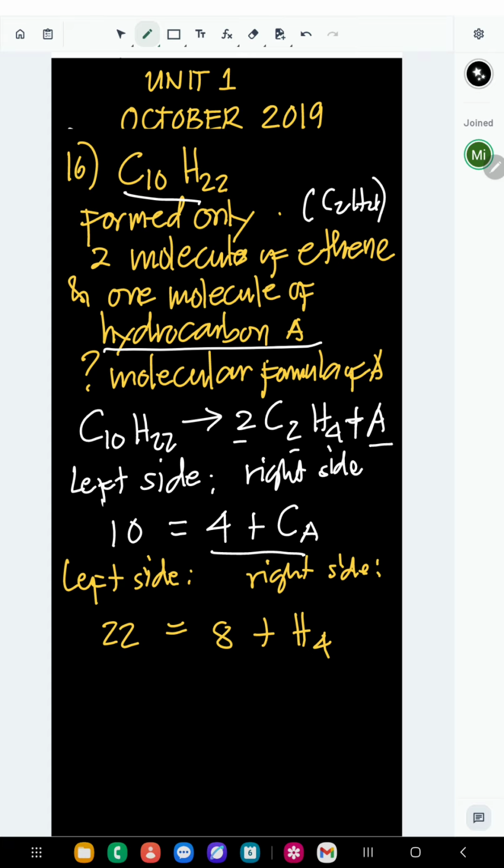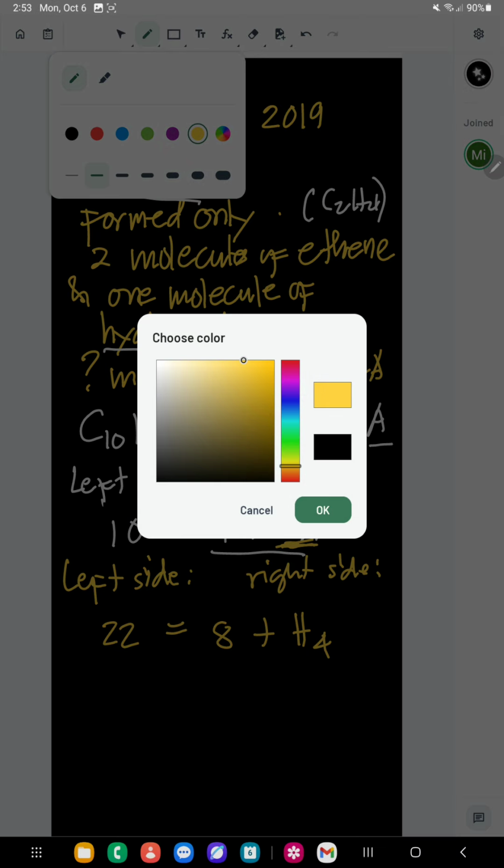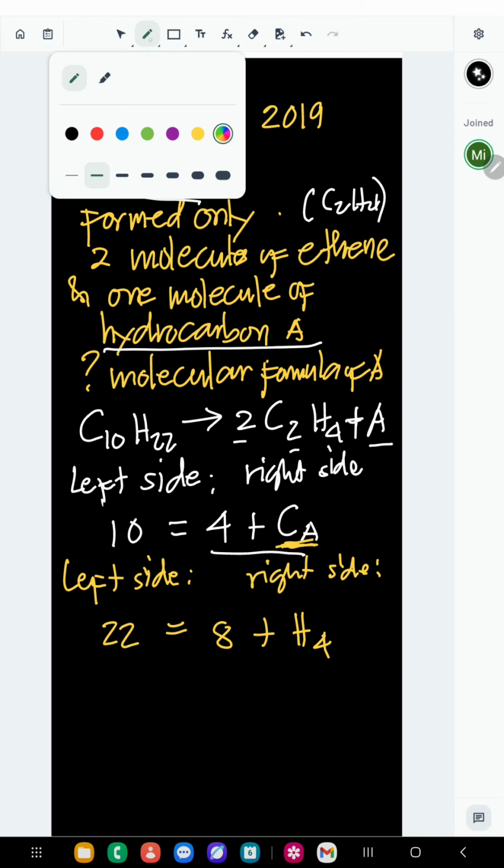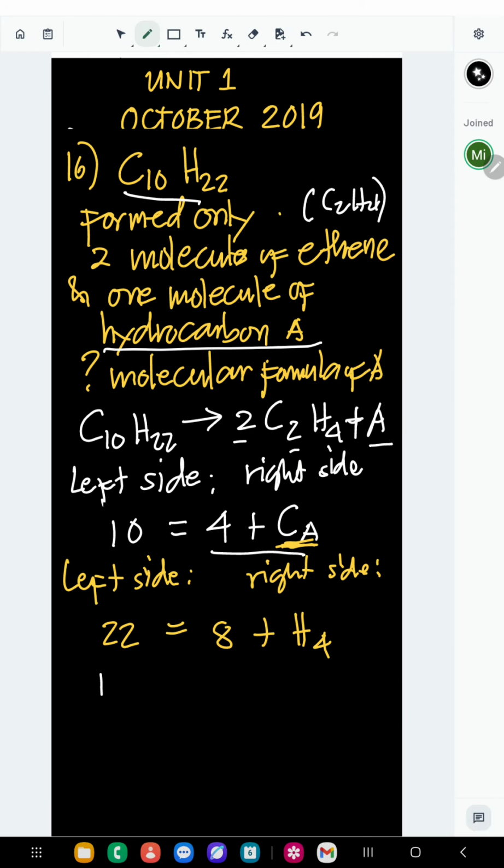Right, from these two equations that we've formulated, we can calculate the number of carbon atoms from one equation and the number of hydrogen atoms from the other. So that would be 10 equals 4 plus carbon atoms of hydrocarbon A. Then we subtract 4 from both sides. Therefore, the number of carbon atoms in hydrocarbon A is 6.